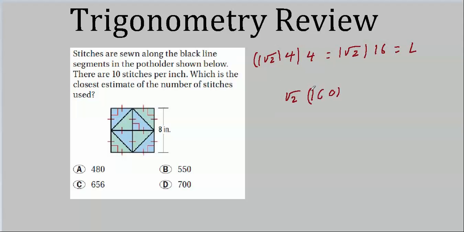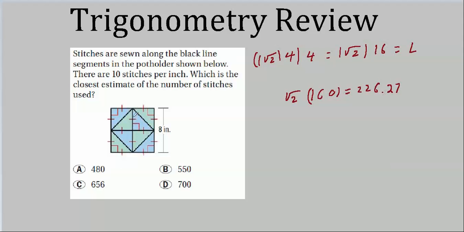So they probably want us to add in the other segments too. Let's check. So these diagonals contribute 226.27 stitches. Well, that answer's not down there, so maybe they really meant us to include these black line segments also.